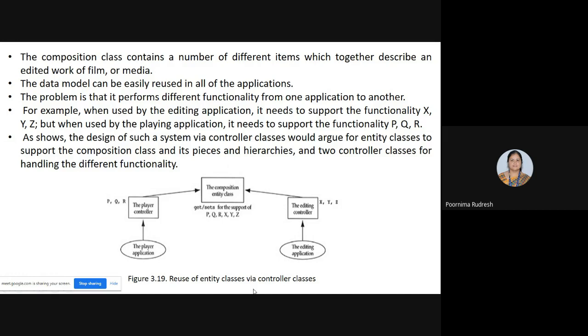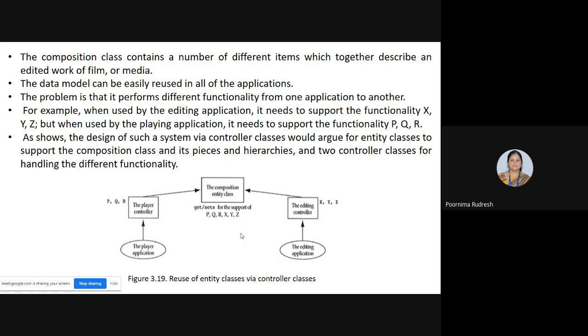If we consider the editing application, it performs one type of functionality, and if you consider the playing application, it performs different functionality. Understood? Here we are talking about the data model which performs different functionality in different applications.